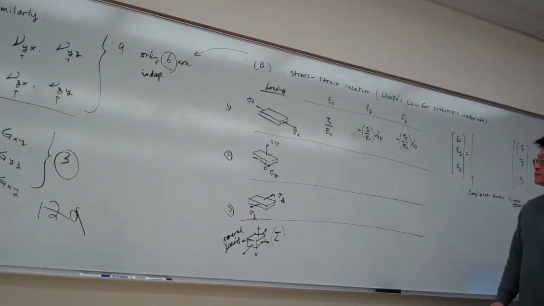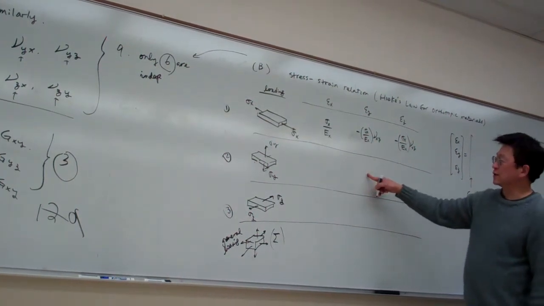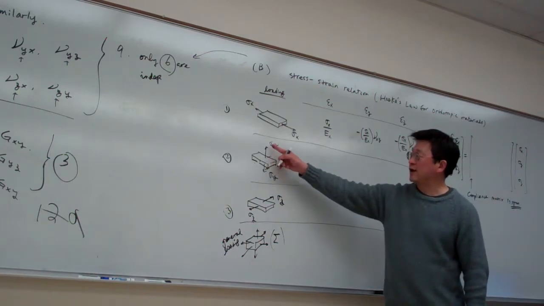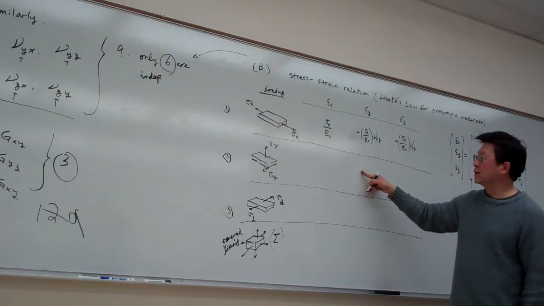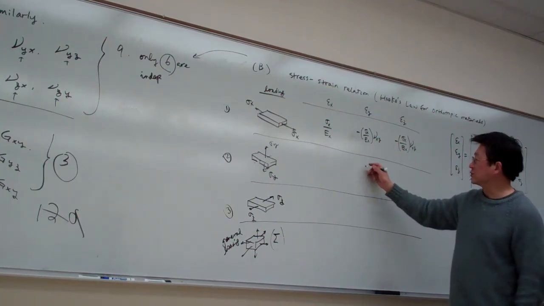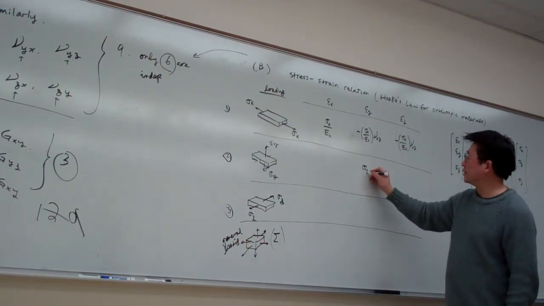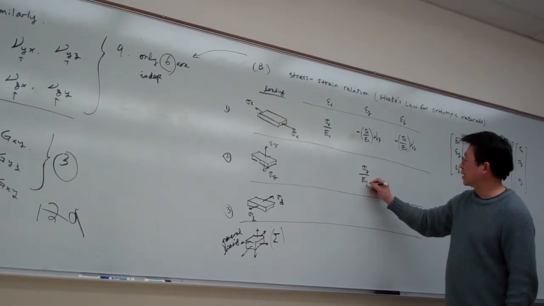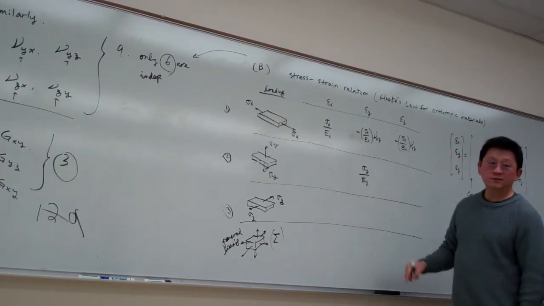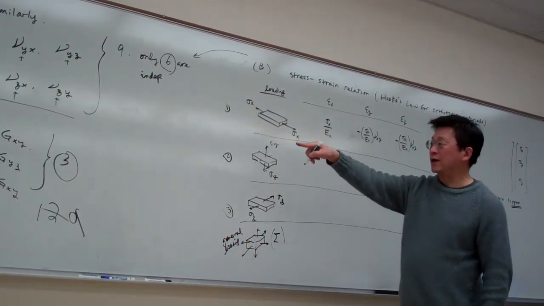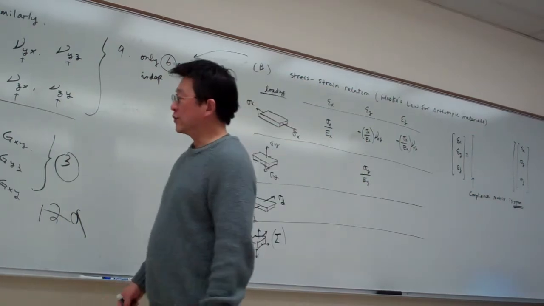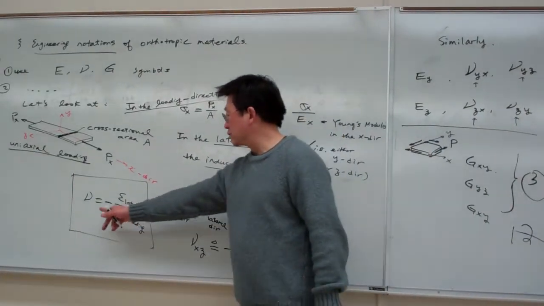Now to the second loading condition. In the second loading condition, the axial loading is in the y direction. So the normal strain in the loading direction is sigma y divided by Ey, again Young's modulus in the y direction. Again, we apply the definition of Poisson ratio.